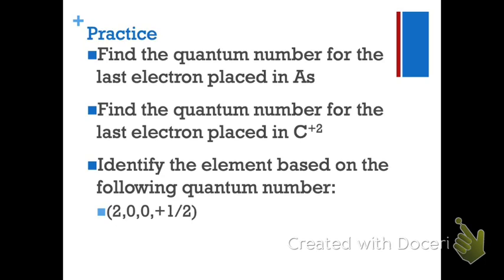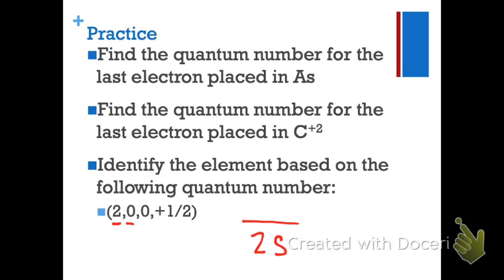It's going to be beneficial for you to draw out that orbital and then figure out what electron configuration matches that, what element matches that. Okay, 2, 0 tells us it's what type of orbital? 2s. Do you have to draw it out?